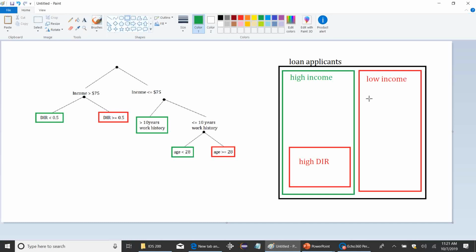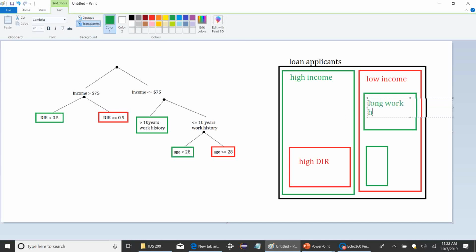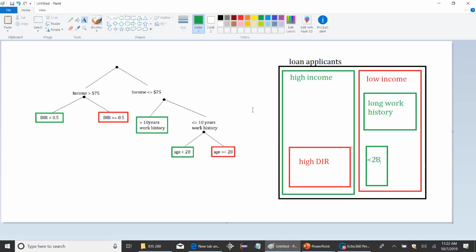So for example, if somebody has a long work history, or less than 28, even though age is generally not work history.